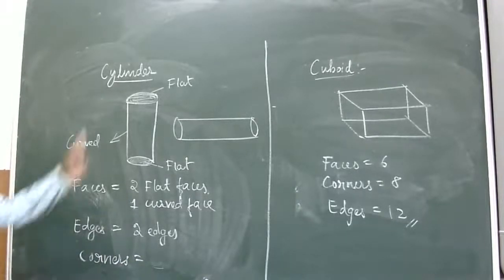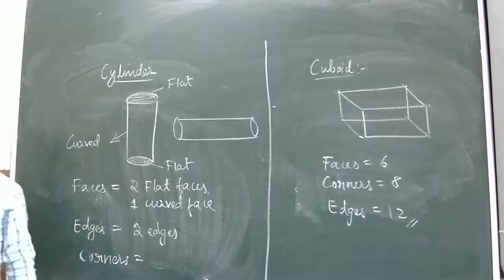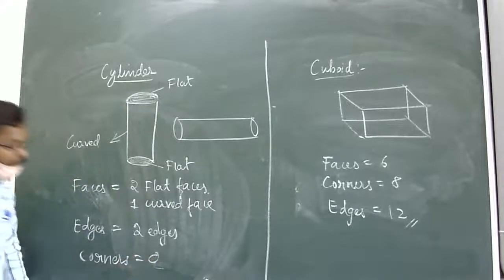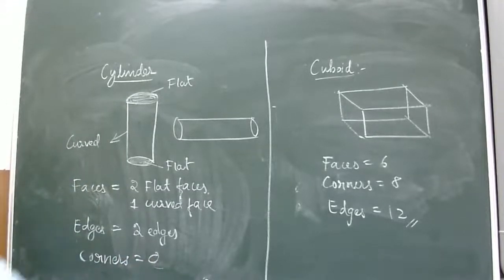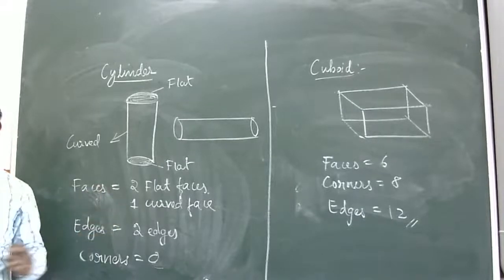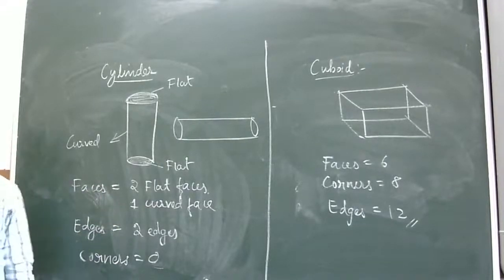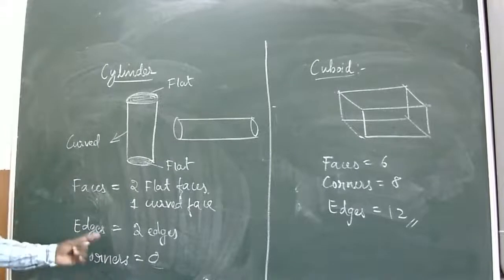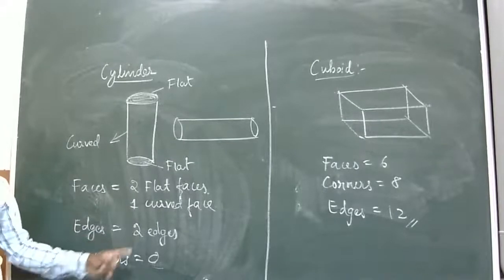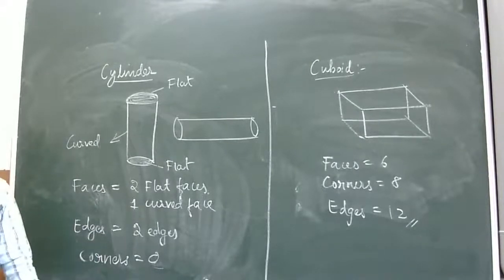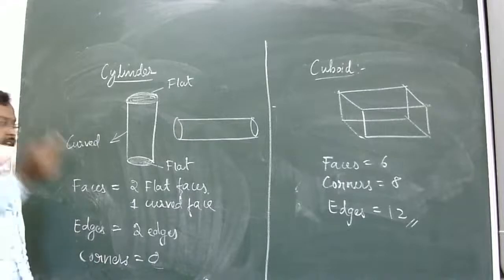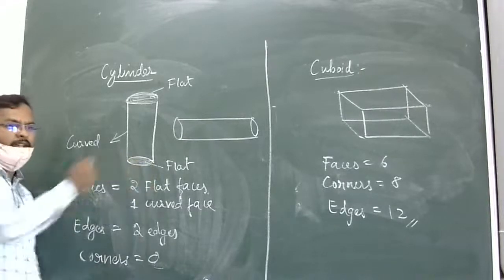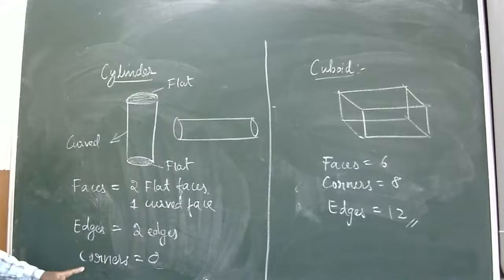Do we have any sharp point here? No. So we are having zero corners. So in total we are having three faces. Two are flat, one is curved. And next, edges: how many edges do we have? Two edges. The round on top is your one edge, and the round at the bottom is your other edge, and we have zero corners.